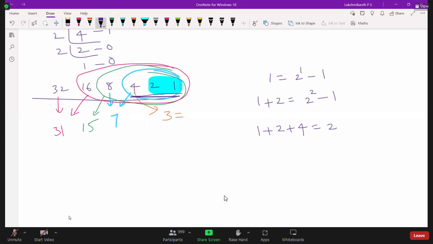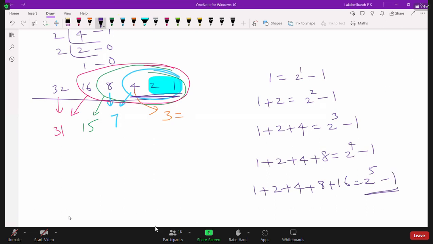You can take 1 plus 2 plus 4 plus 8; 8 is 2 power 3, so this is equal to 2 power 4 minus 1. So 1 plus 2 plus 4 plus 8 plus 16 is 2 power 5 minus 1. So this is how you can write.